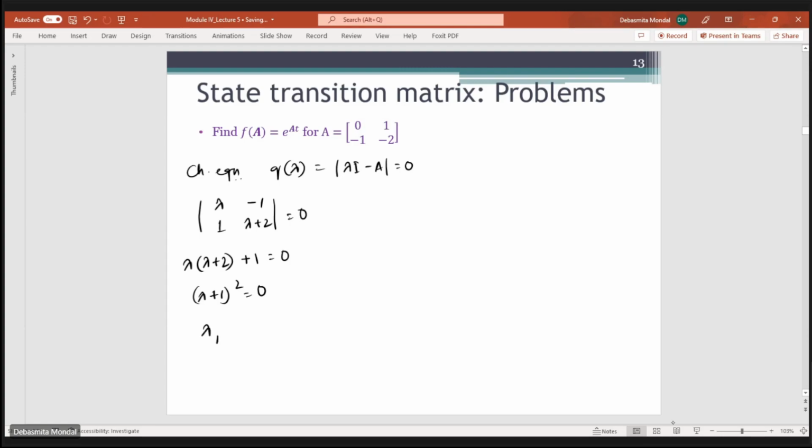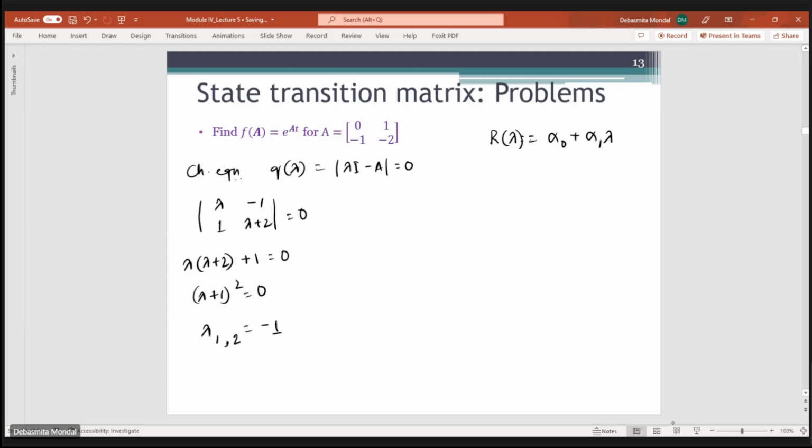So here you see that there are two eigenvalues, but these two eigenvalues are not distinct, right? That means both the eigenvalues have the same magnitude. Since both the values have the same magnitude, we will not have two different simultaneous equations from R of lambda, which was equal to alpha 0 plus alpha 1 into lambda.